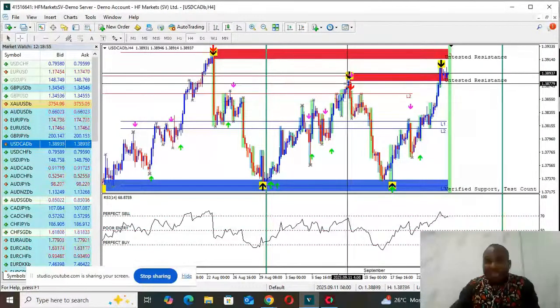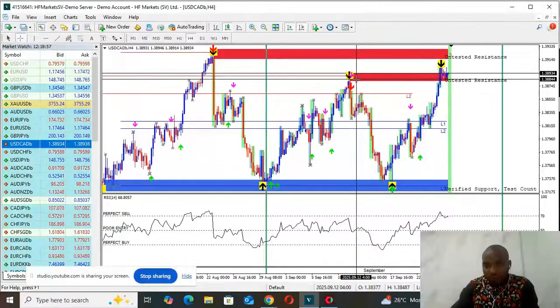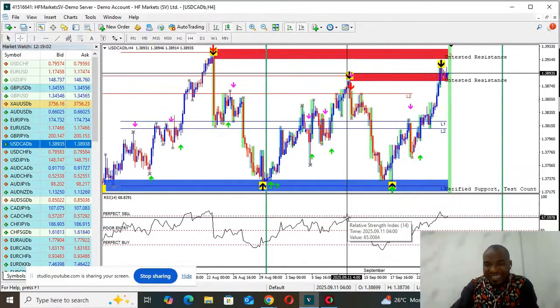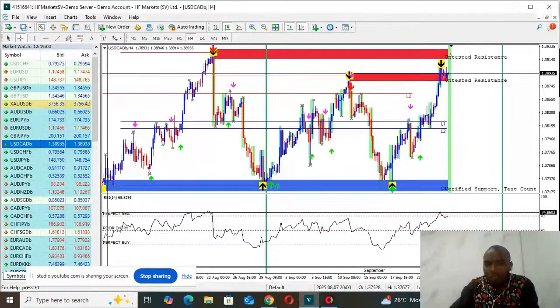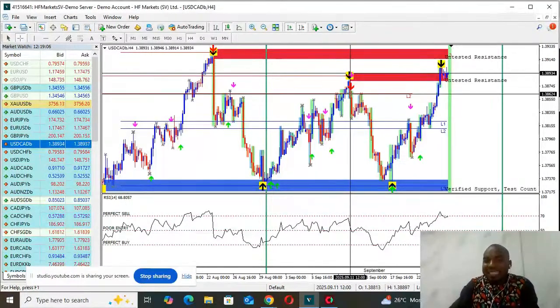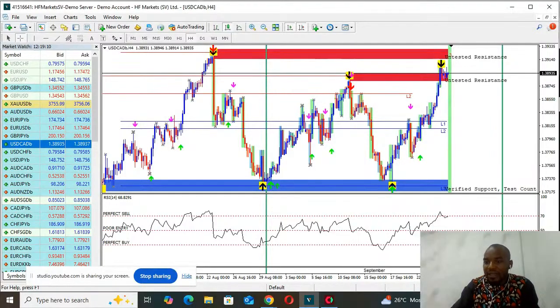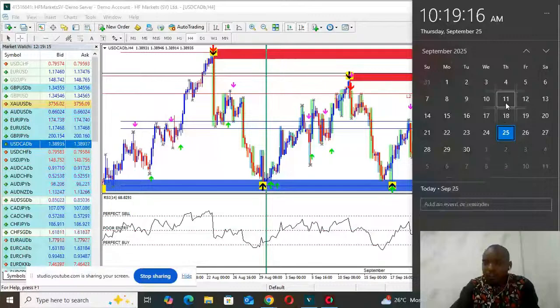So now for this sell, the market has come to a zone. RSI, track it up here, is currently at what? 7. Close to perfect sell. And the day this one came, confirmed, was on the 11th of September. Let's check September 11th. Thursday.